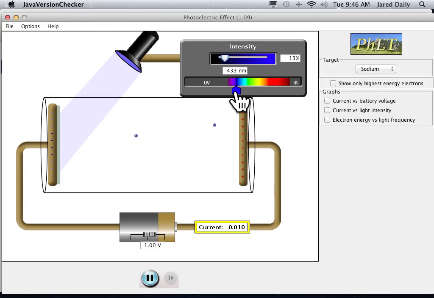And we're getting a huge change in current. All right? Okay, well, let's go the other direction. That was towards purple. Let's go out here and see what happens.